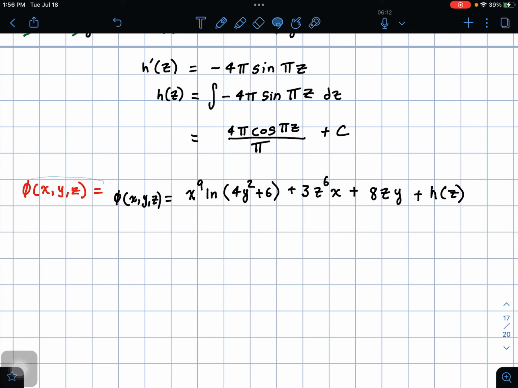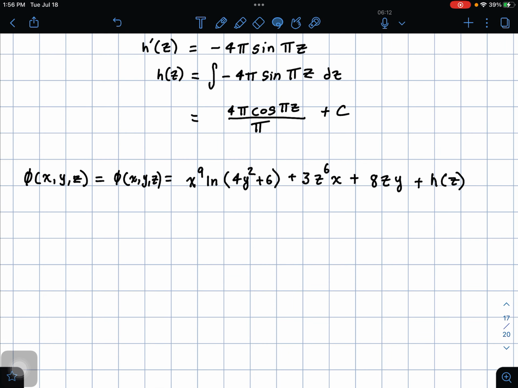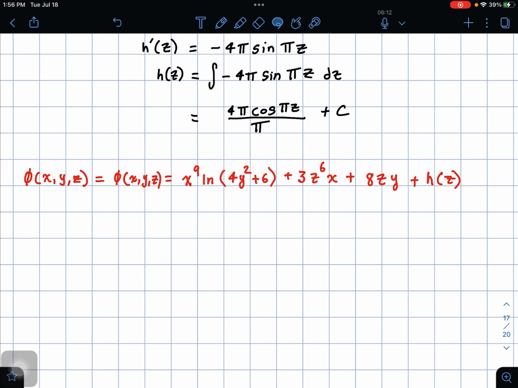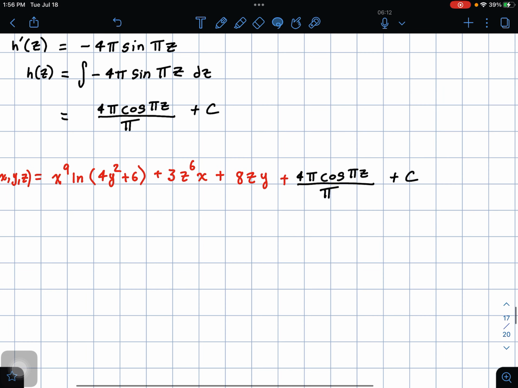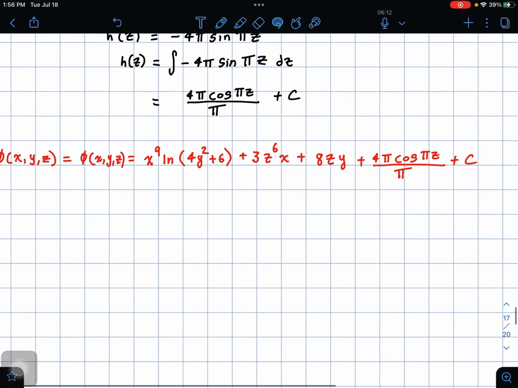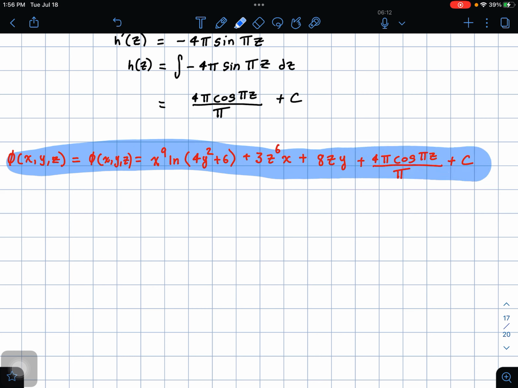And then this H at z we said is this. If this is an actual test and you have to write down all of this on paper, I'm very sorry. And I don't think they will ask this question on a test because of how long it's taking. Okay, so this right here is our very final potential function.